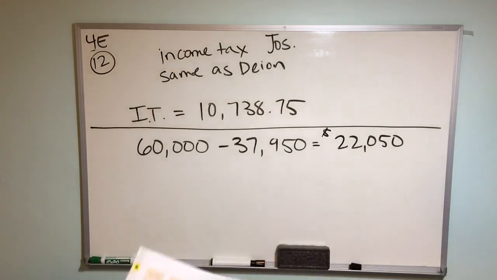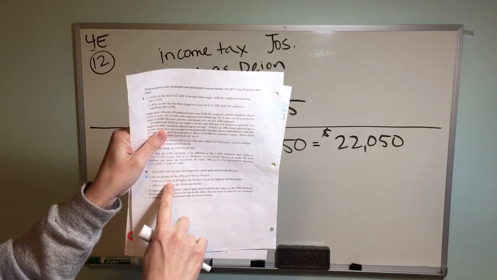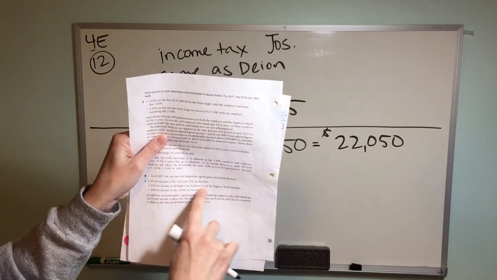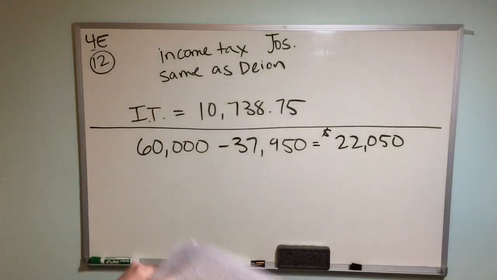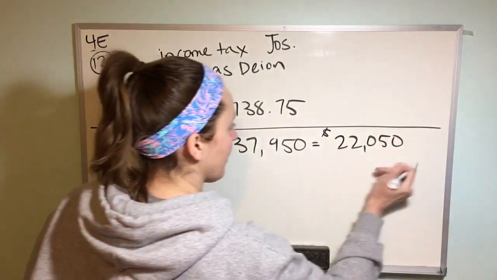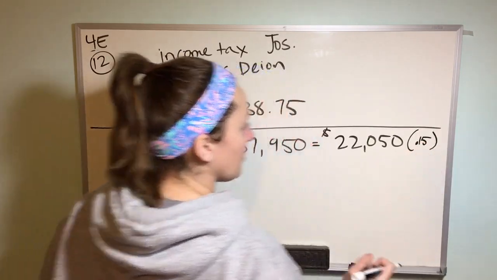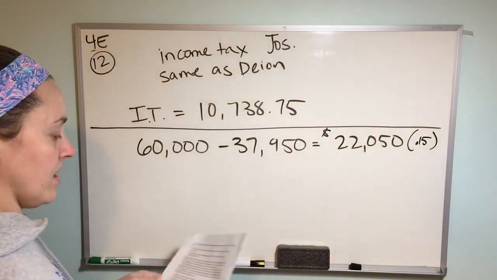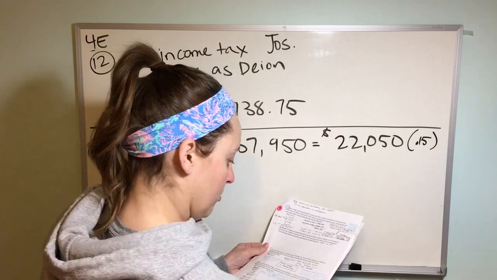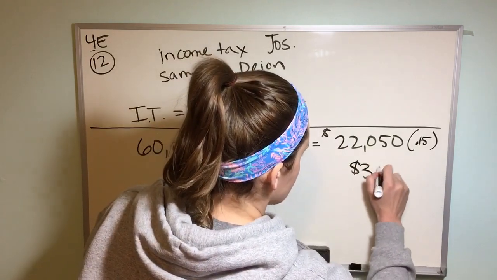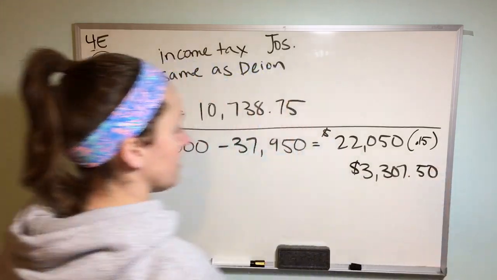And you'll notice on the back side of this sheet that it says 15% for all income in higher tax brackets, except the highest 39.6%. So what they mean is this amount of money is taxed at 15%. So multiply those to figure out, okay, 15% of this is equal to 3,307.50.